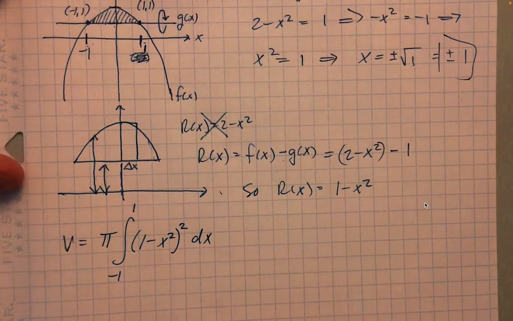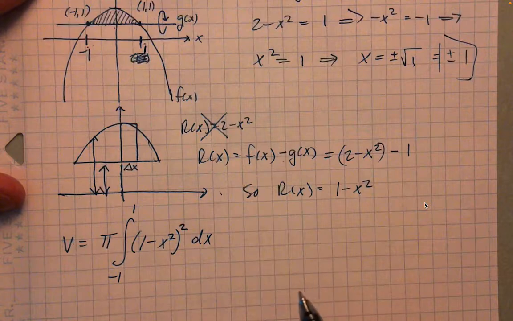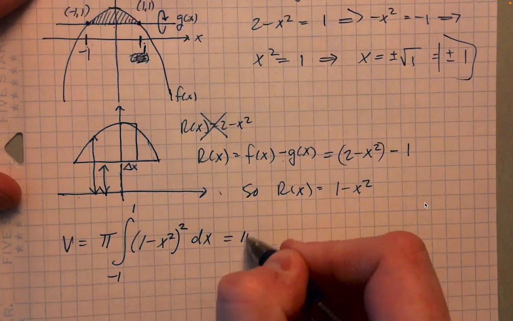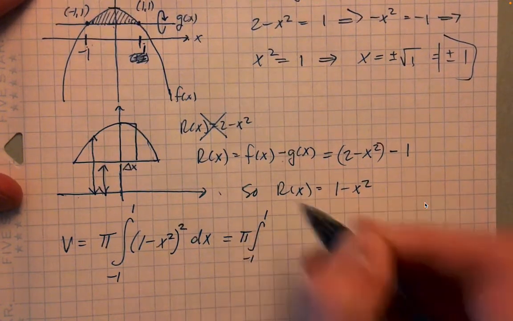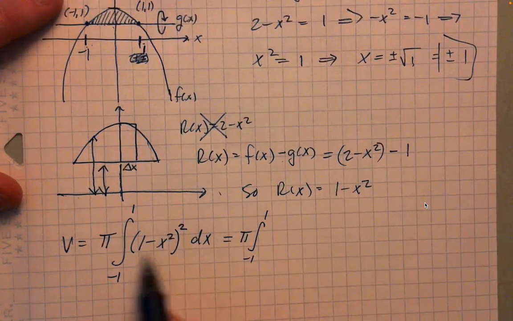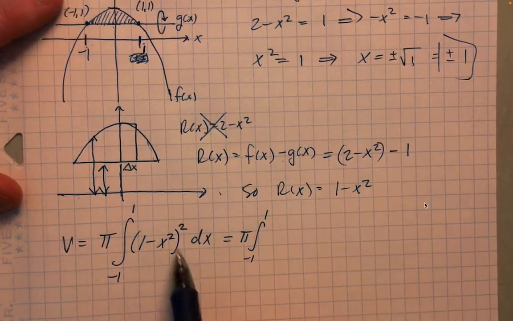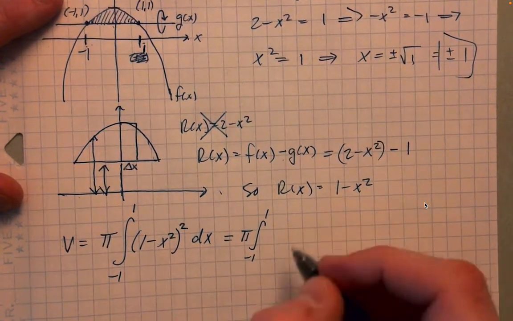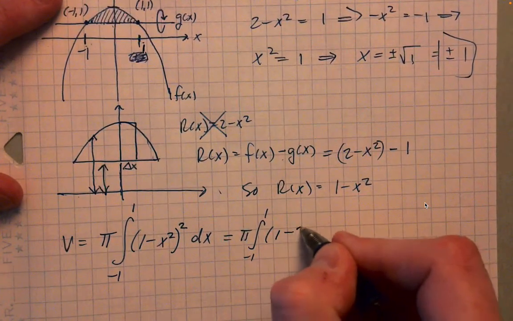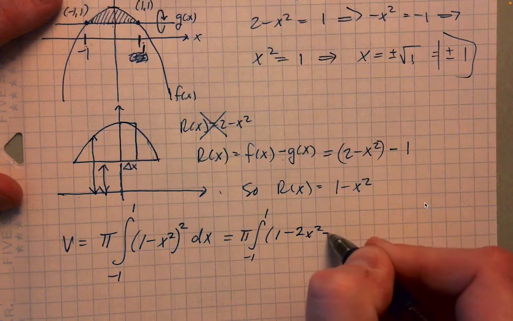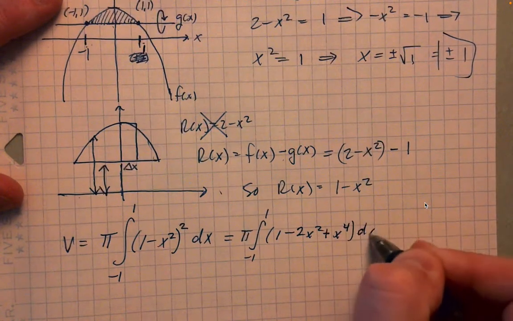Okay, and then we integrate. All right, and so this is pi times the integral from -1 to 1, and then you can just expand this if you want. You could probably use a u substitution as well, but maybe it's easier just to expand it. So it's 1 minus 2x squared plus x to the 4th.